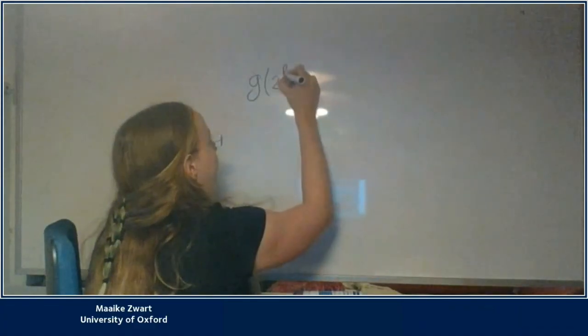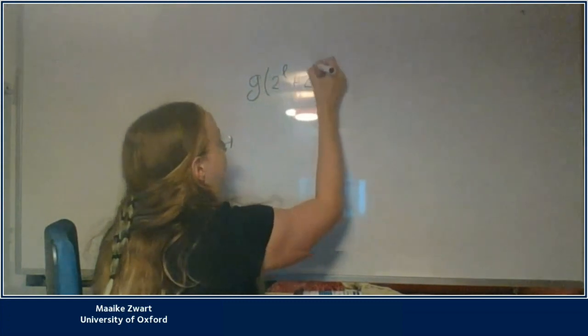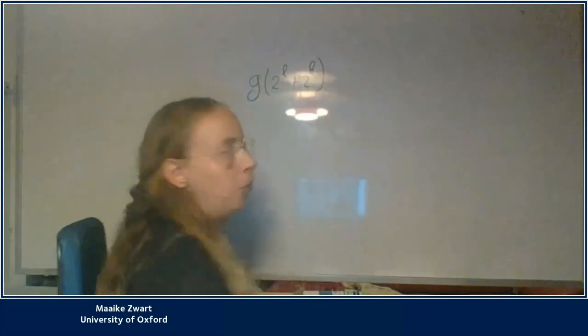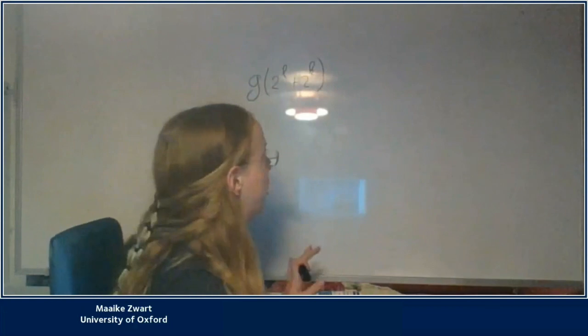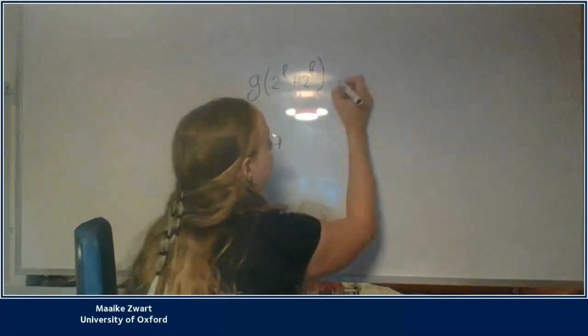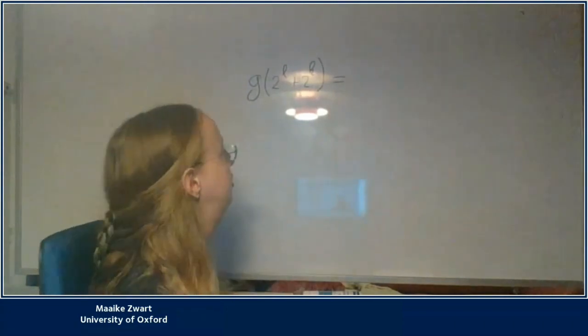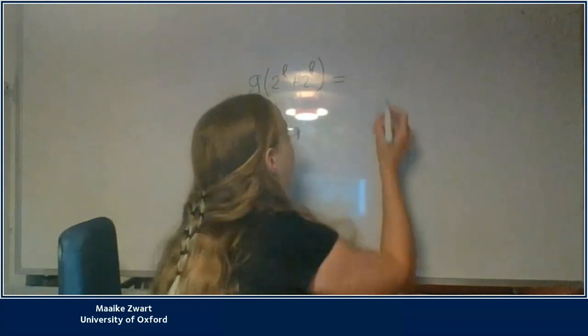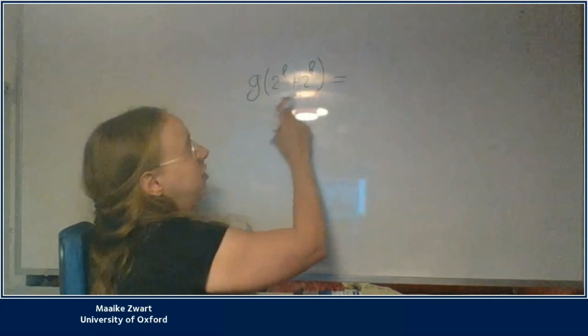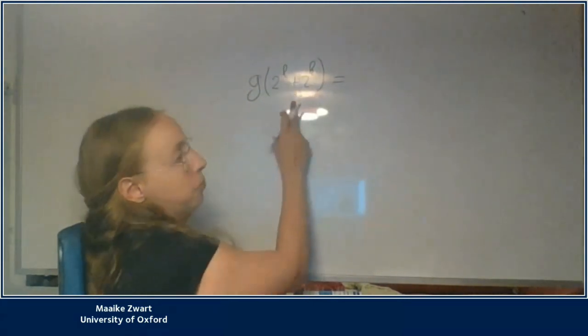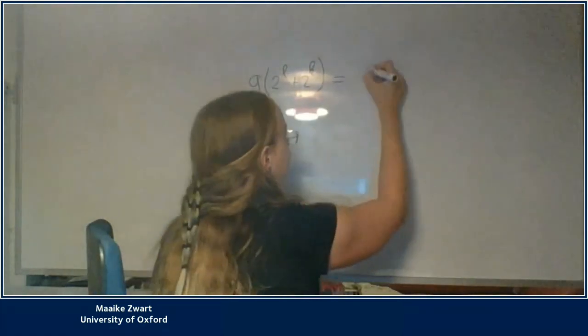g of 2 to the L plus 2 to the K. But if I'm just going to start mindlessly again and just do 1 or 2 iterations to see what happens. So this is even, because I'm adding 2 even numbers, that's even.